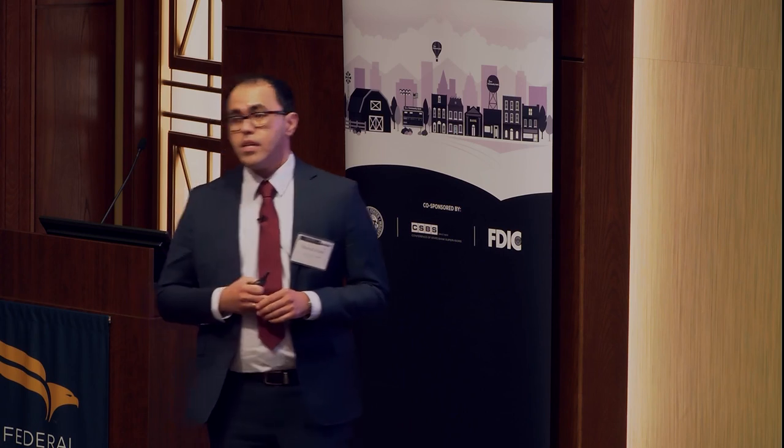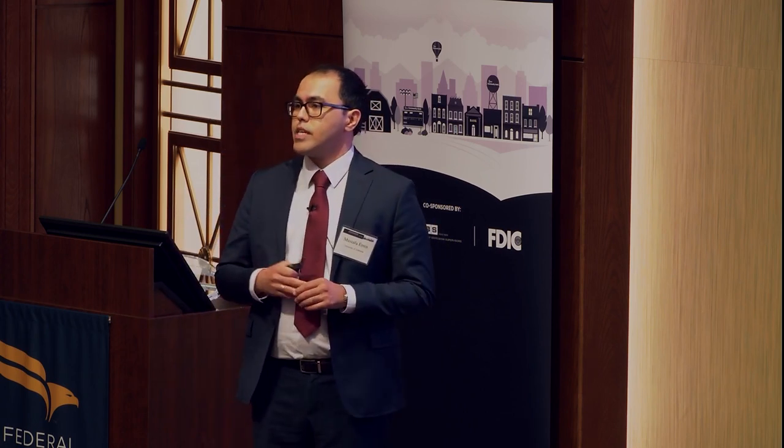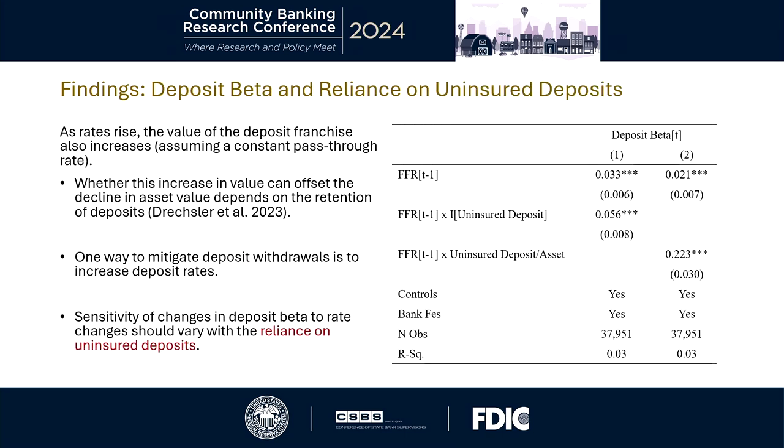What does that mean? We're going to see some reversal in the equity returns around 3.3 to 3.4%. So if you are bank equity investors, you would be happy to see interest rates increasing up to 3.3 to 3.5%. But after that point, any increment in interest rates would be detrimental for equity investors. Those are the associations that we found in the data.